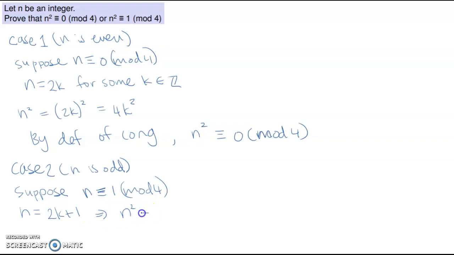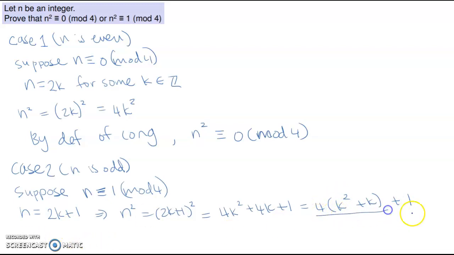So n squared equals 2k plus 1 squared, which is going to be 4k squared plus 4k plus 1. And I can take out the 4, and that's going to be 4 times k squared plus k, plus 1. So we know that this is divisible by 4, and we are going to still have 1. So therefore, by definition of congruence, we have n squared is congruent to 1 mod 4.